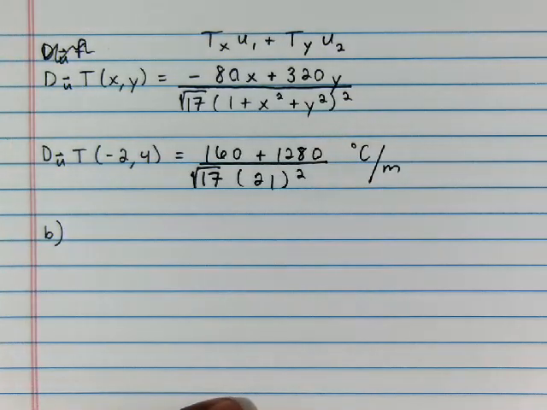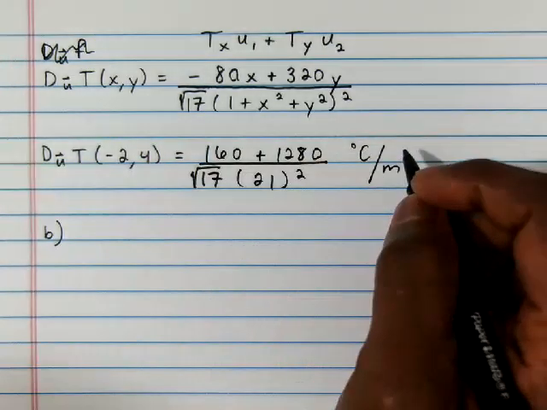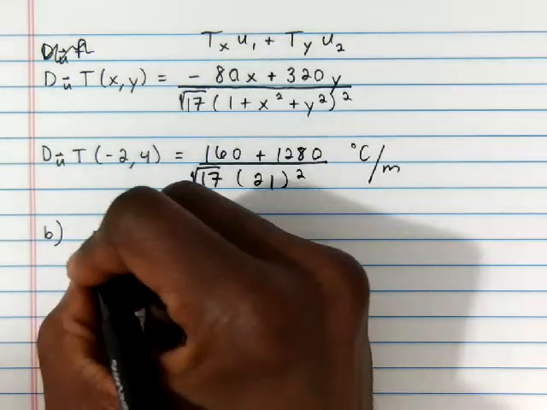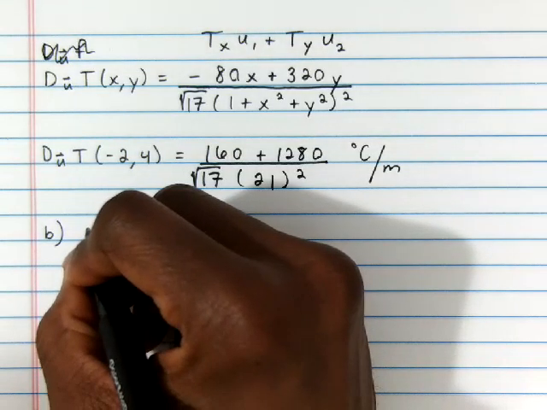And now part B, suppose the particle travels at a speed of 5 meters per second. How fast is the temperature changing with respect to time as the particle passes through the point? Okay, so we're going to take what they gave us, and they told us that the speed is 5 meters per second.